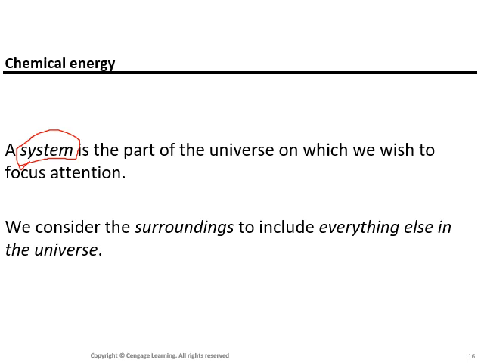Once you define what your system is, then everything else automatically becomes what we call the surroundings. So for this chapter, we're going to call the system the thing that we're looking at and studying, and we're going to call the surroundings everything else in the universe. And so if you add the system plus the surroundings, you get the universe. So those are the three things we're going to come back to again and again.